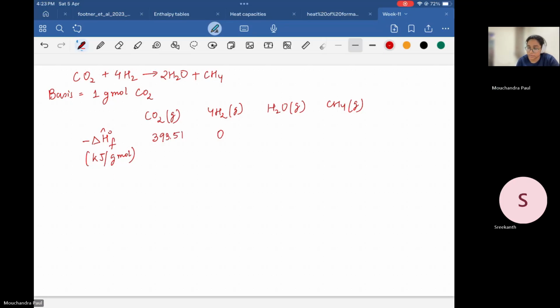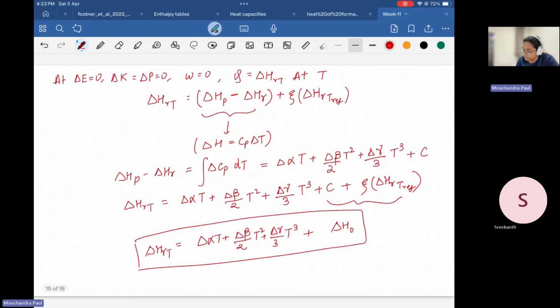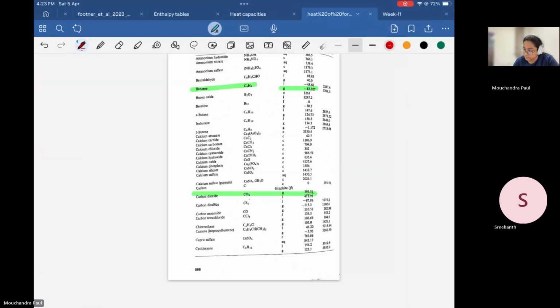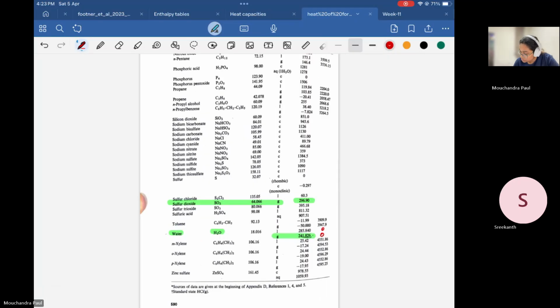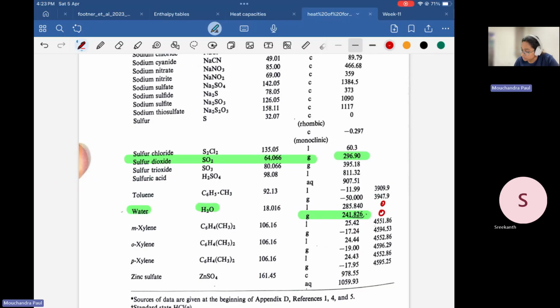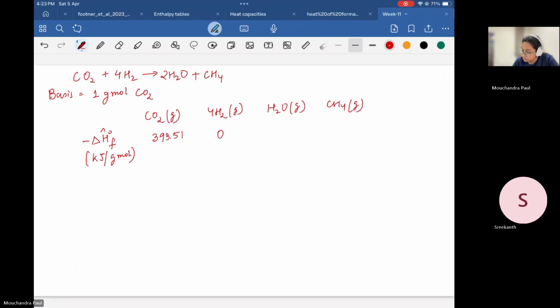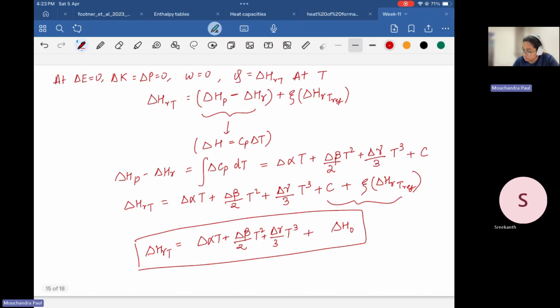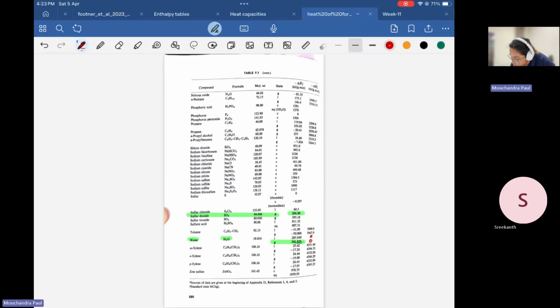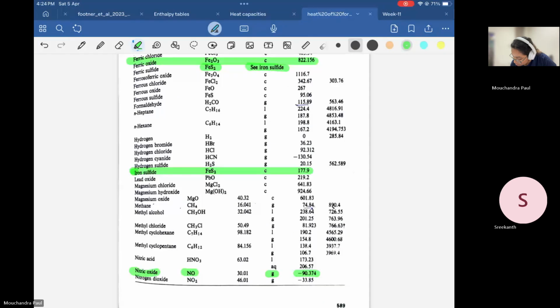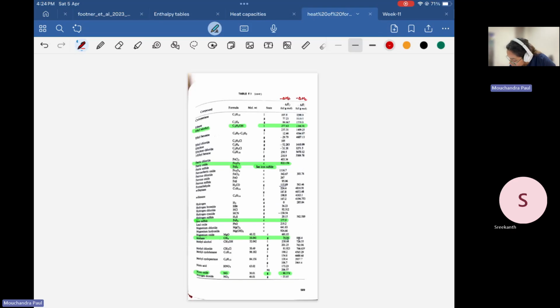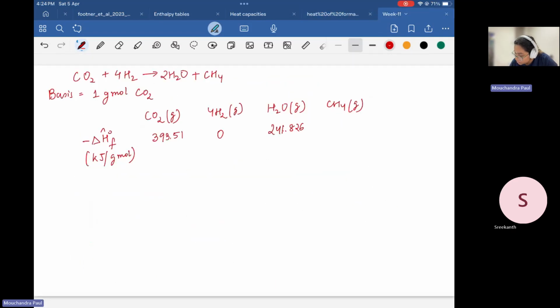Then H2O, it is 241.826. And for methane, it is 74.84.